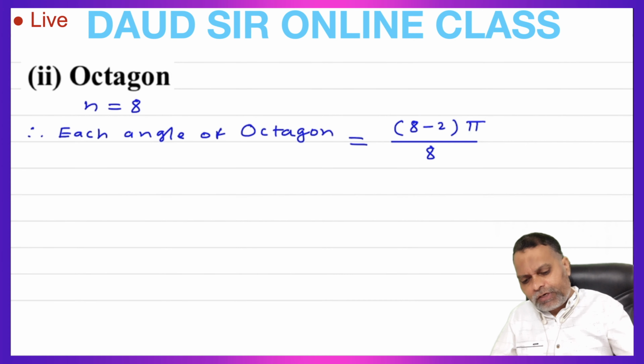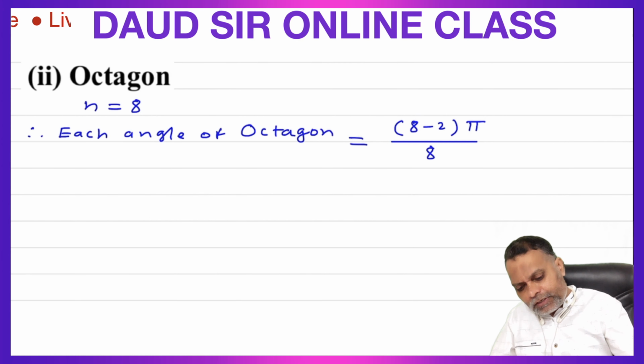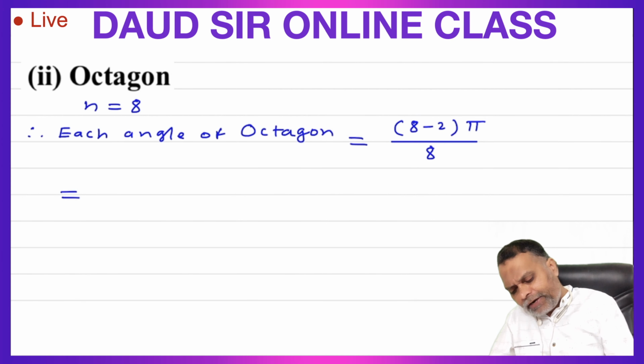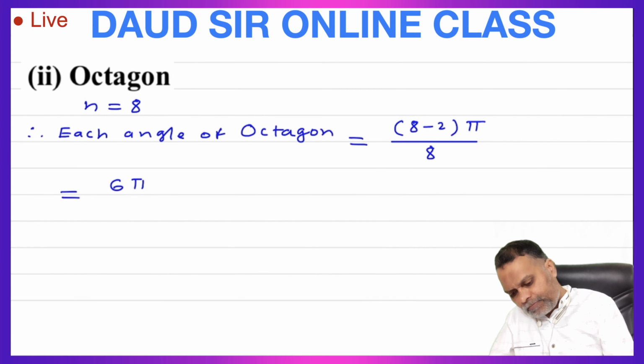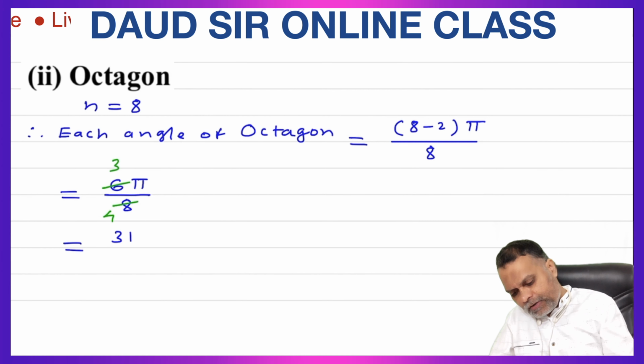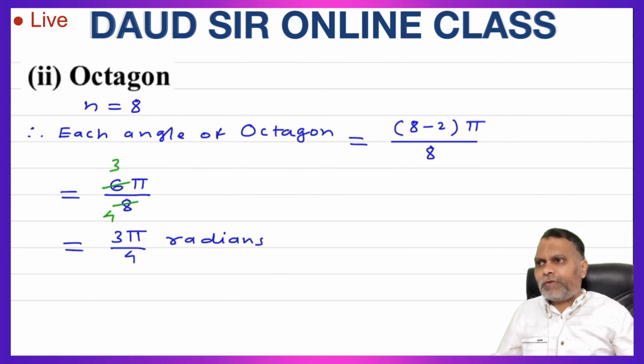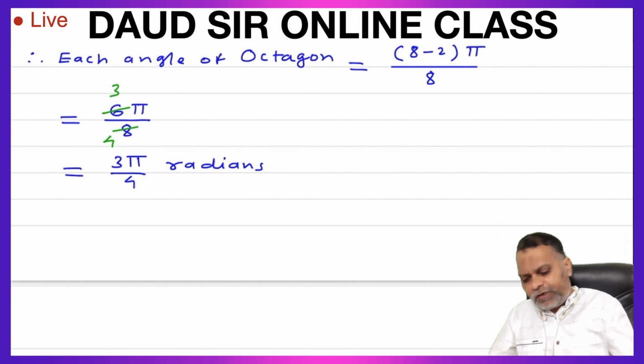Substitute the value in that formula. 8 minus 2 is 6, 6 pi upon 8. 2 3s are 6, 2 4s are 8. So which is equal to 3 pi by 4 radians. This much radians.